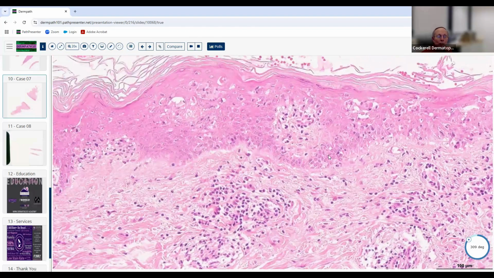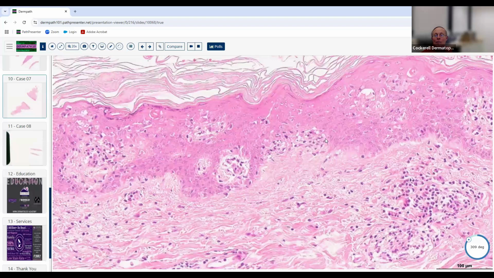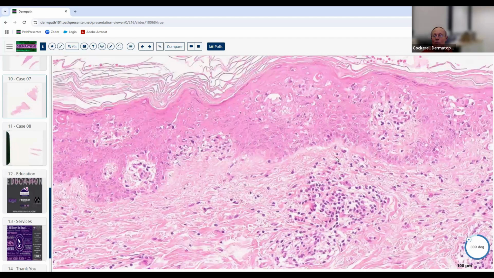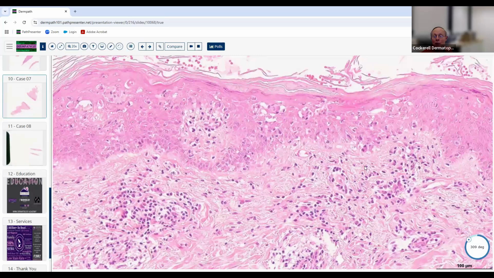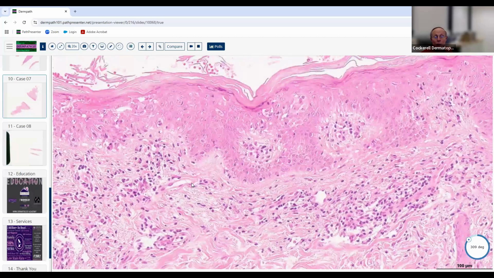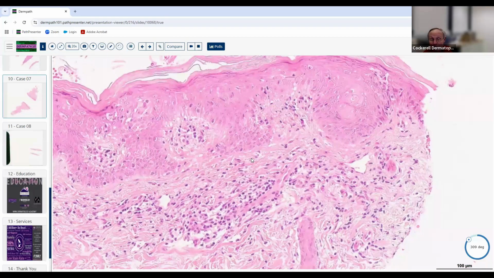There's a couple other clues that can help you with MF. Sometimes you'll just get the single lymphocytes at the basal cell layer like this. People give that different names, eyeliner sign, whatever you want to call it, but that's a fairly common finding in MF, patch stage MF. Thick collagen bundles with dilated blood vessels, because it's usually a chronic disease.